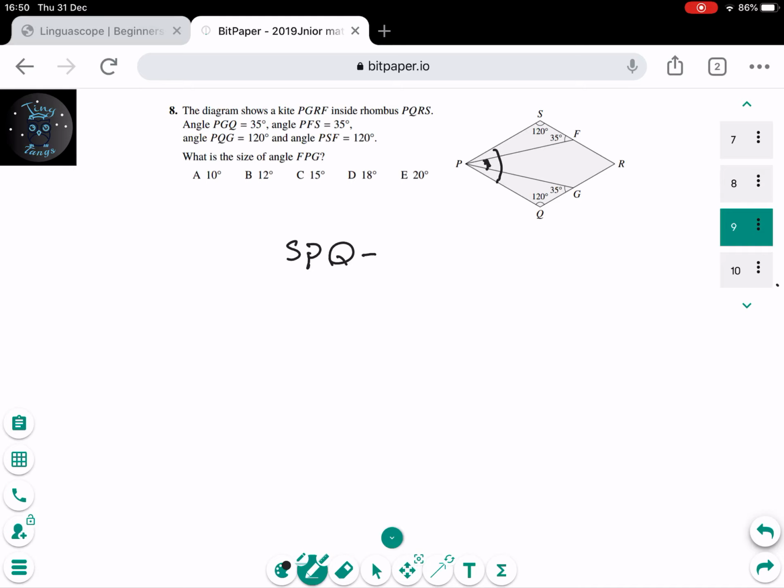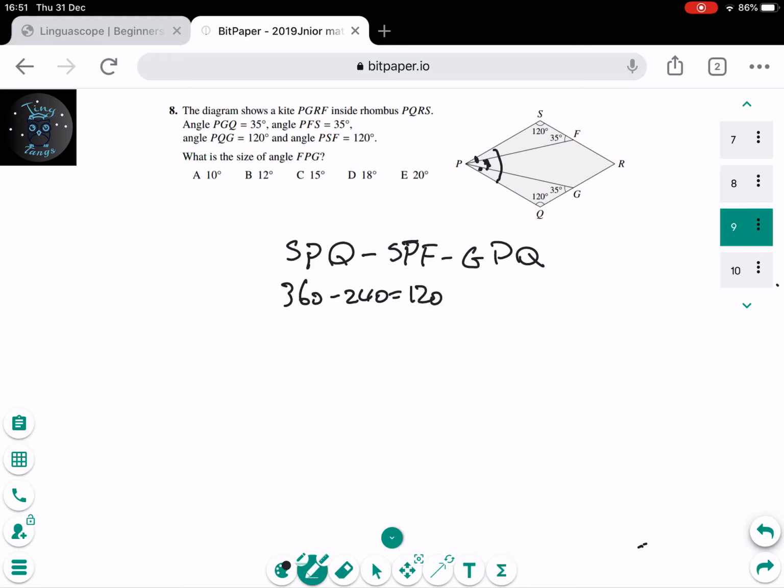And then we need that to minus this small angle on both sides, angle SPF and minus GPQ. So remember, it's a rhombus, and quadrilaterals all have internal angles. The sum of the internal angles is always 360 degrees. So if we take that and minus 240, it equals 120.